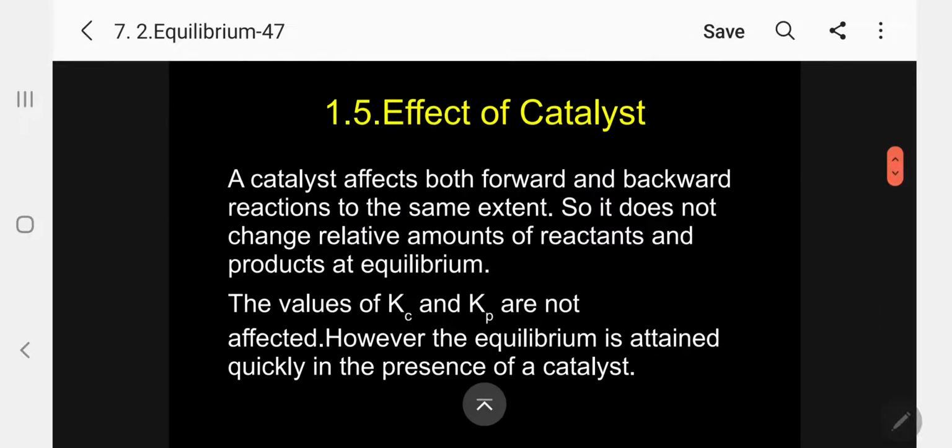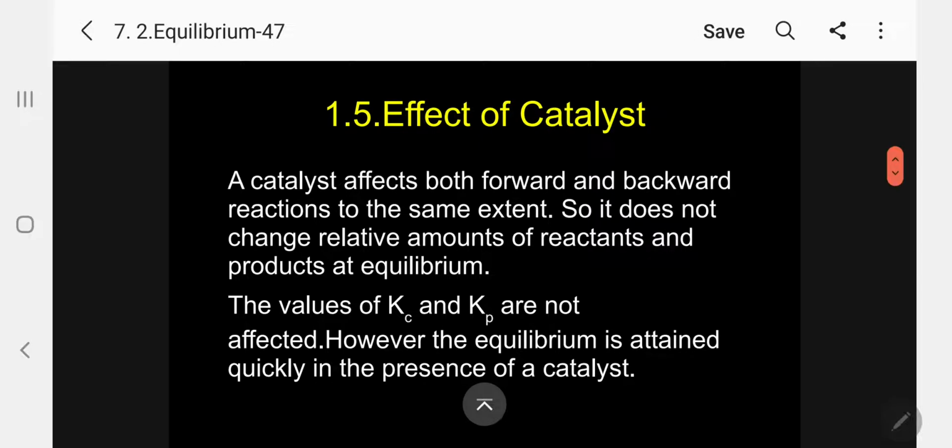Now, the effect of catalyst. This is not so important, but anyhow it helps the equilibrium to be attained quickly. A catalyst affects both forward and backward reactions to the same extent, so it does not change the relative amounts of reactants and products at equilibrium. The values of Kc and Kp are not affected. However, equilibrium is obtained quickly in the presence of a catalyst, by decreasing the energy of activation.